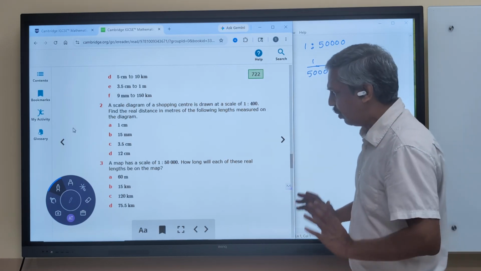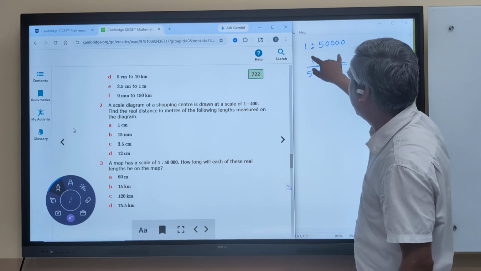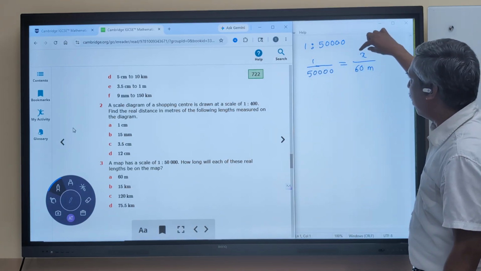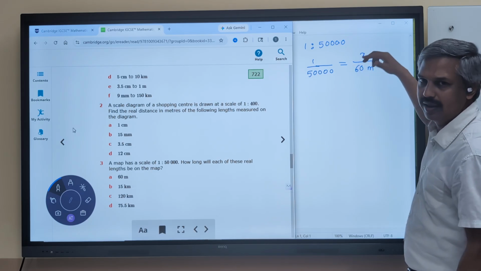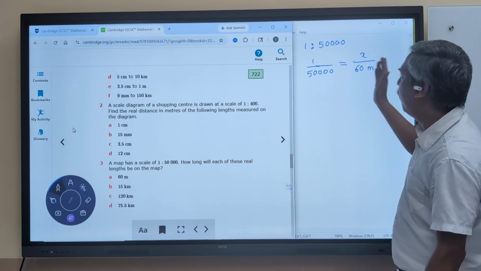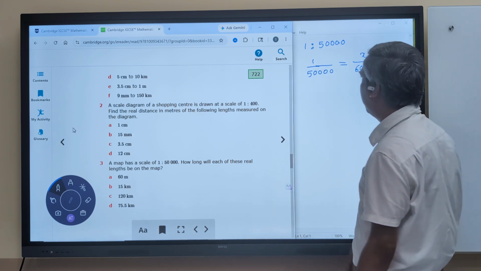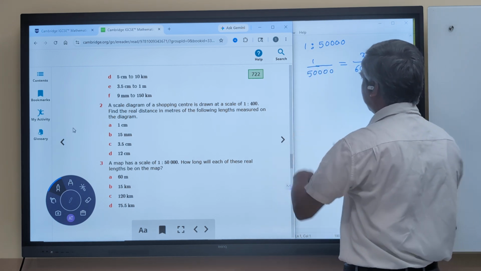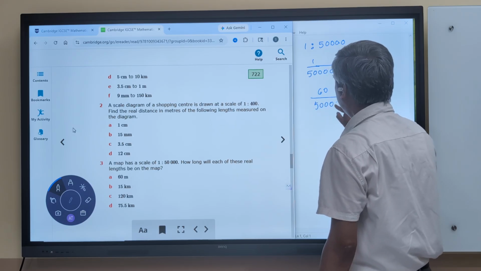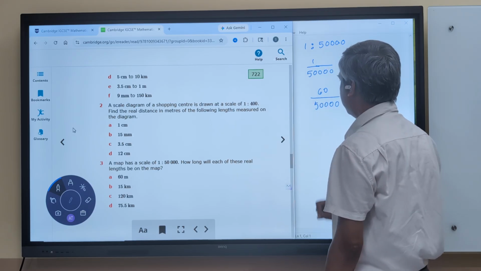What we are saying is this is equal to the distance on the map divided by actual length. The ratios are equivalent, and because they are equivalent ratios, you can just cross multiply to get the answer, or you just multiply by 60 here. 60 divided by 50,000 is equal to x.